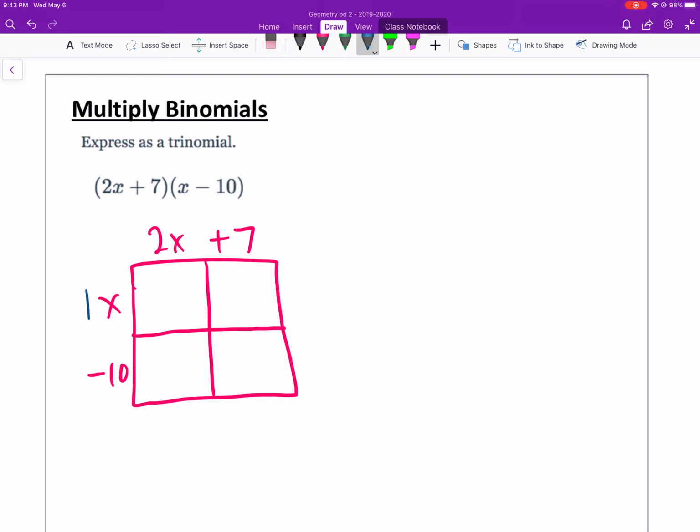This is a 1 in front here, an exponent, right? So 2x times x is 2x squared. 2x times negative 10 is negative 20x. Now 7 times x is 7x. And 7 times negative 10 is negative 70.